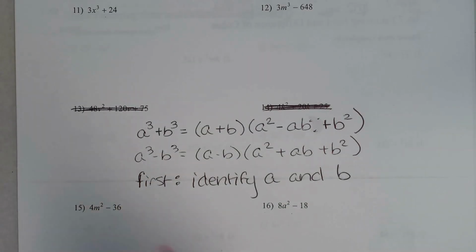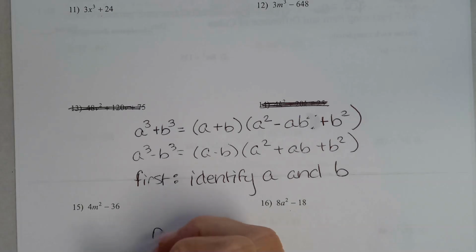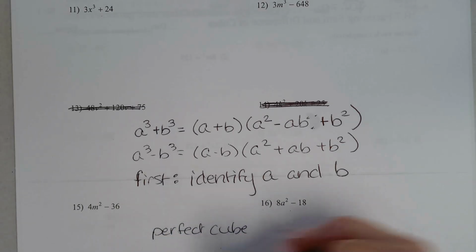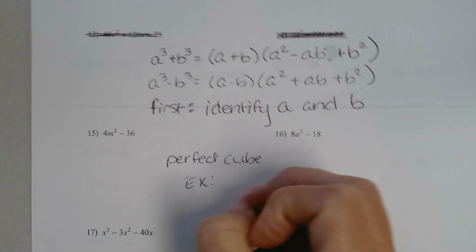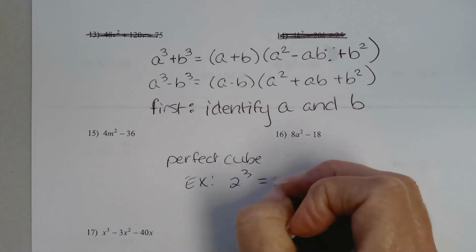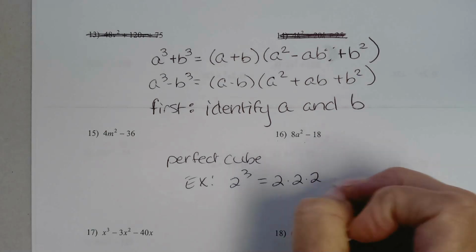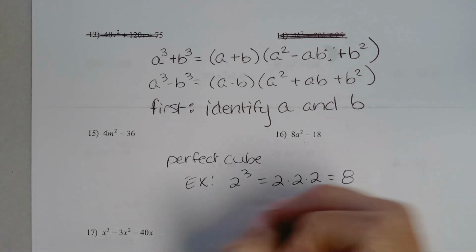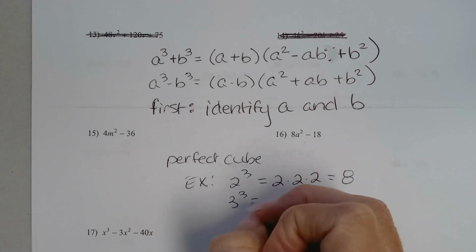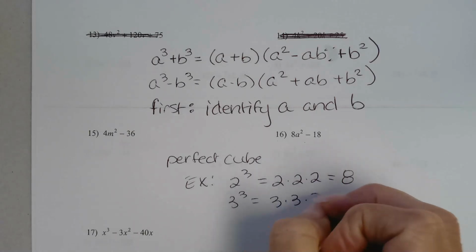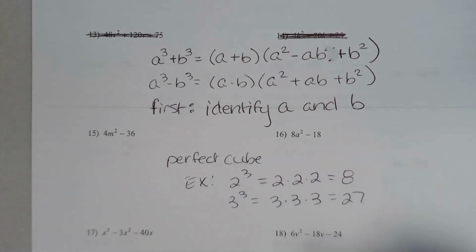A perfect cube is a number that's been taken to the third power. So for example, if you've got 2 cubed, that's 2 times 2 times 2, which is 8. 3 cubed is 3 times 3 times 3, which is 27.